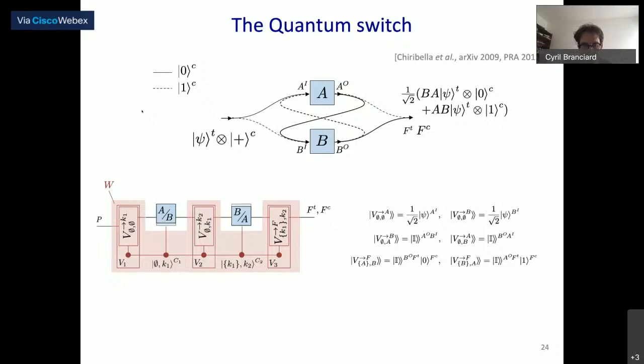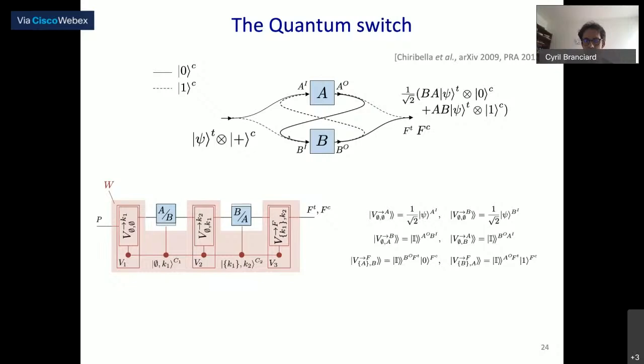Well, we can precisely identify those internal circuit operations. This one would just be the operation that prepares the quantum state of the target system and sends it to the right operation to be applied.